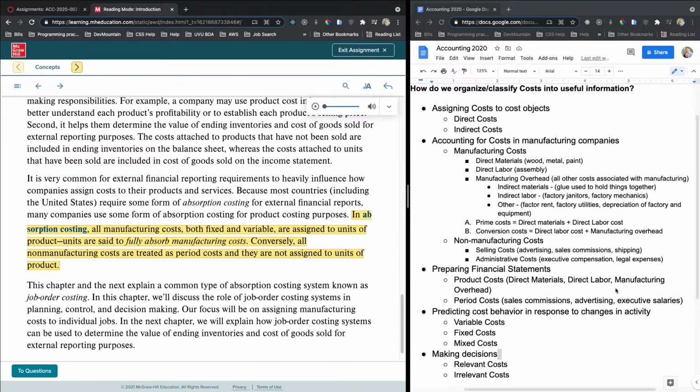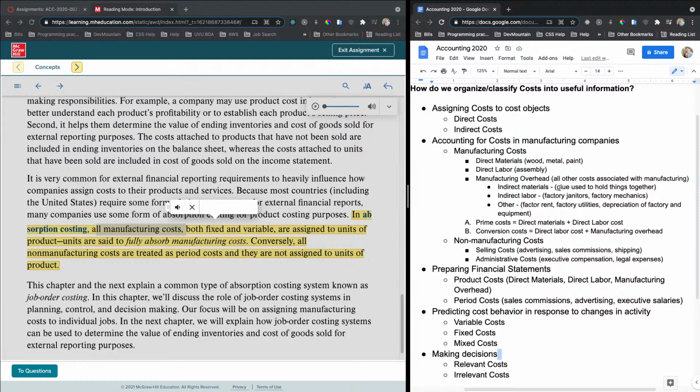So, that being said, what we are looking at here is absorption costing. What is absorption costing? All manufacturing costs. Manufacturing costs here, all of these. So direct materials, direct labor, manufacturing overhead, which includes indirect materials, indirect labor, and other things. So all of these, both fixed and variable, which these are mixtures of. Right?